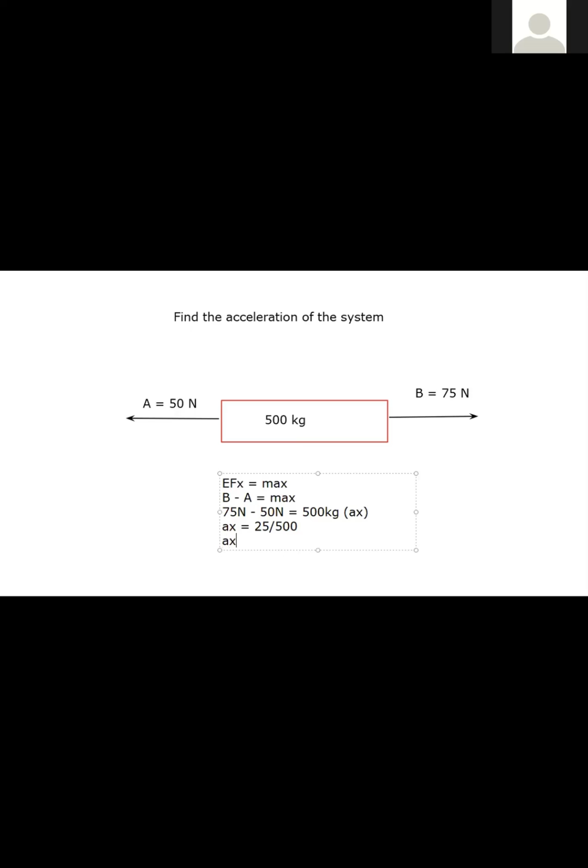The acceleration in the X equals 0.04 meters per second squared. And that's how we solve out that problem. Seems easy, right? Any questions there? Well, you know we're not going to stay easy forever.